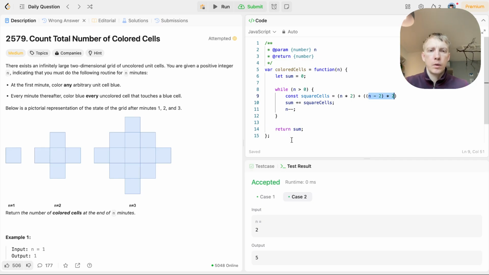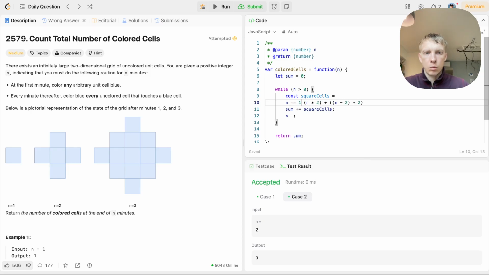For example, with the four-sided square, what will we have? 4 plus 4, 8, plus 2 plus 2. It works. So if n is equal to 1, then we will have 1. In other case, we will have this formula.